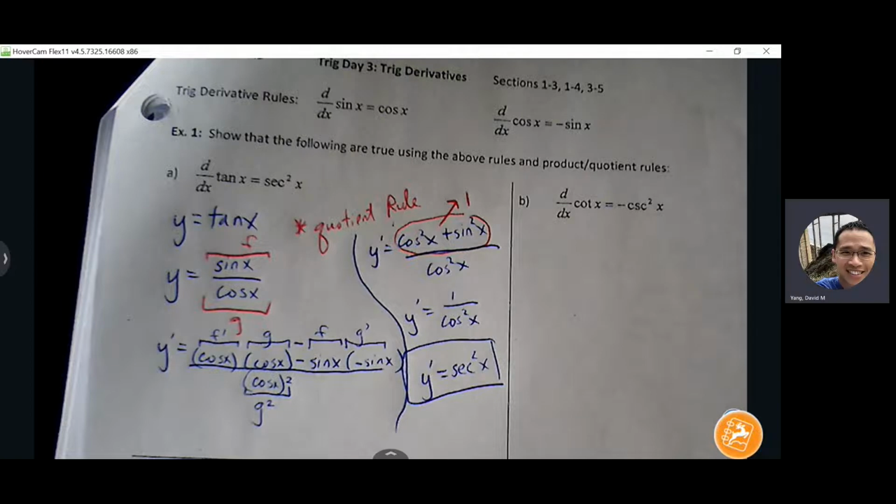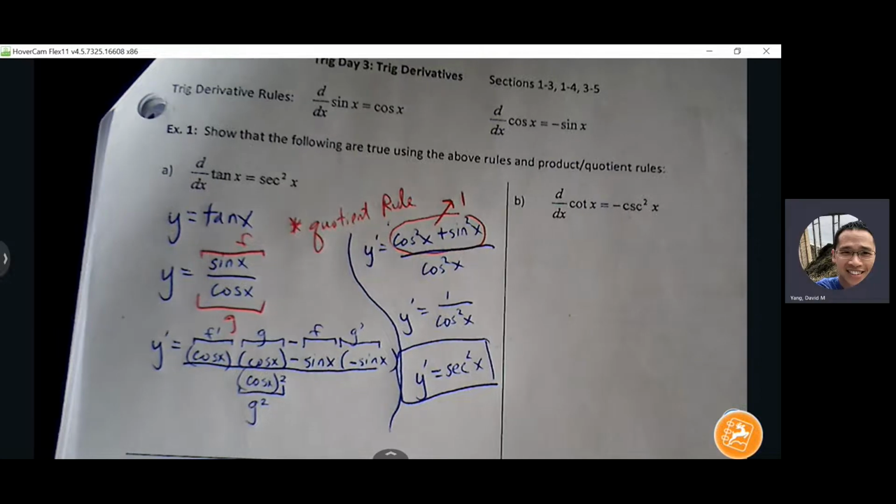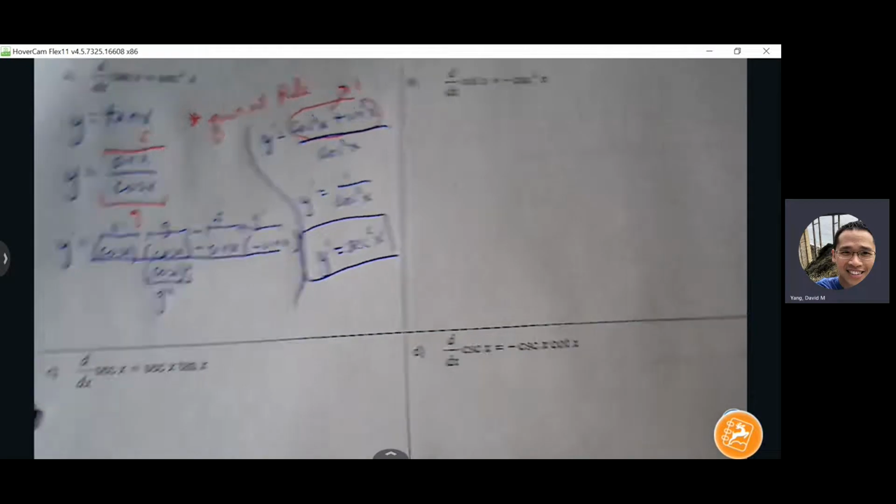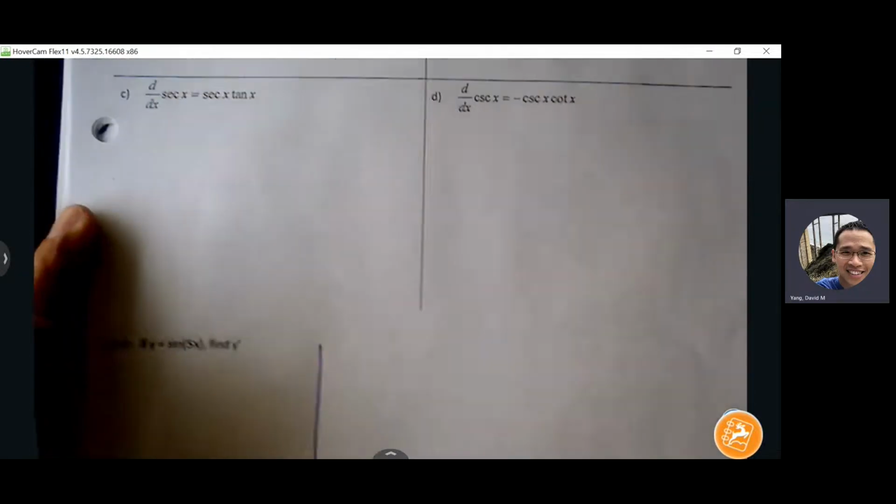So we're not going to derive all these rules, but I want to move towards creating a way to eventually help us memorize these 6 rules that we need to know. If you guys can put this at the bottom of your page, example 2 will not take up a lot of space.